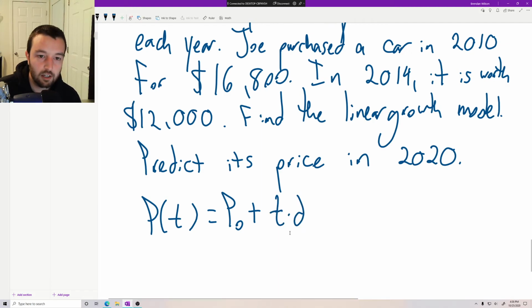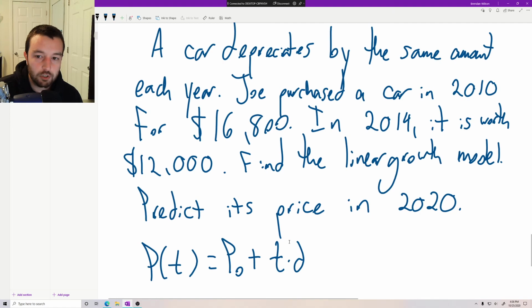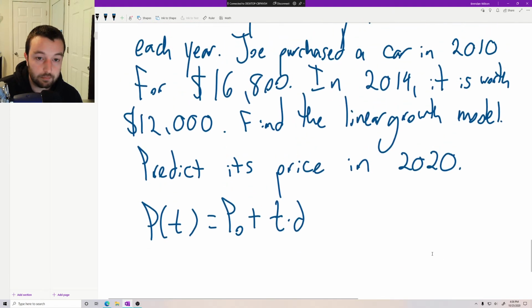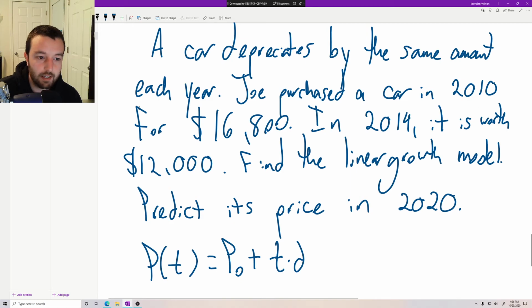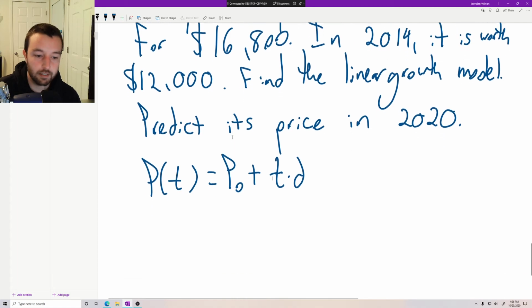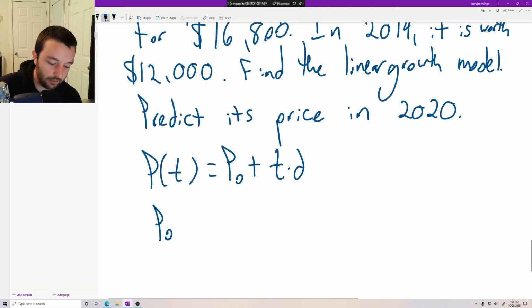So what do we know so far? Well, we know that in 2010, $16,800. So that means P of 0 is $16,800.